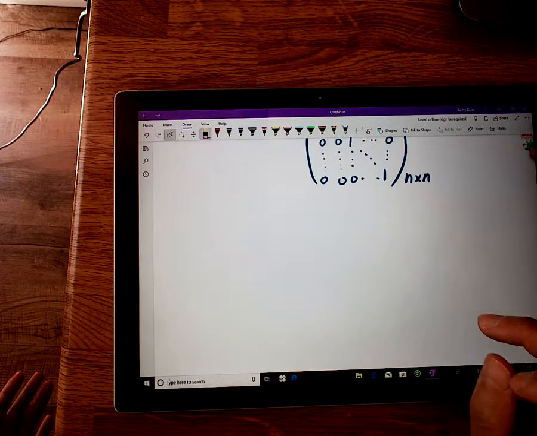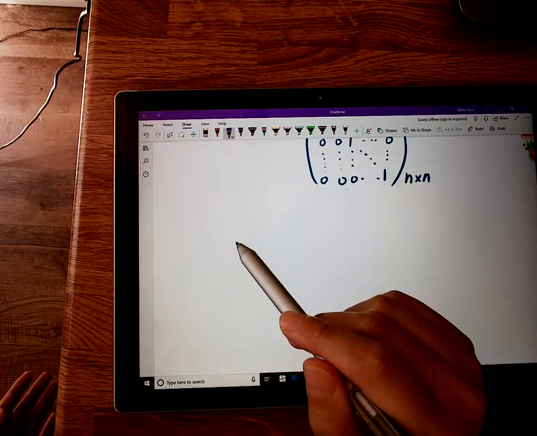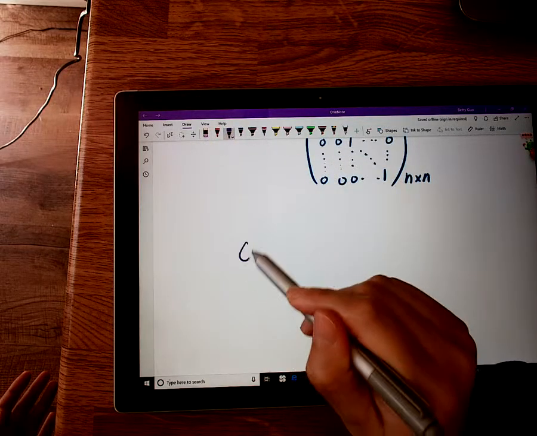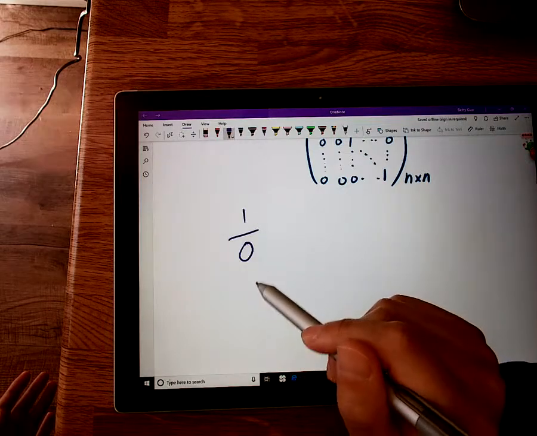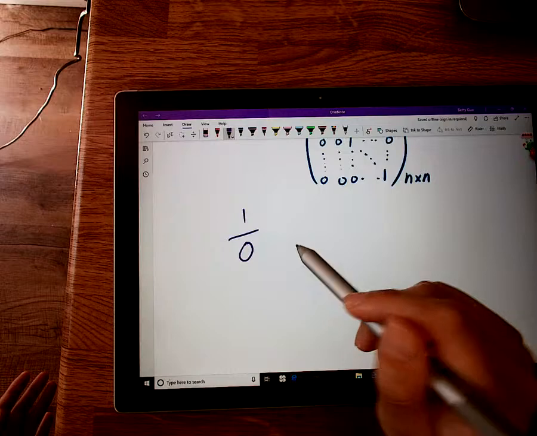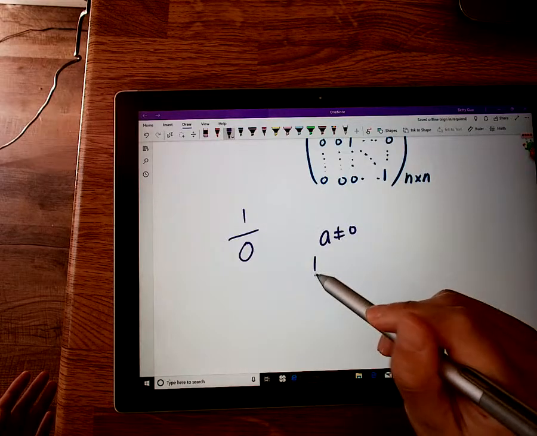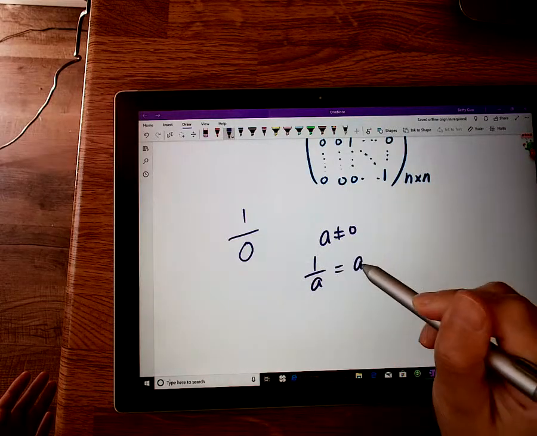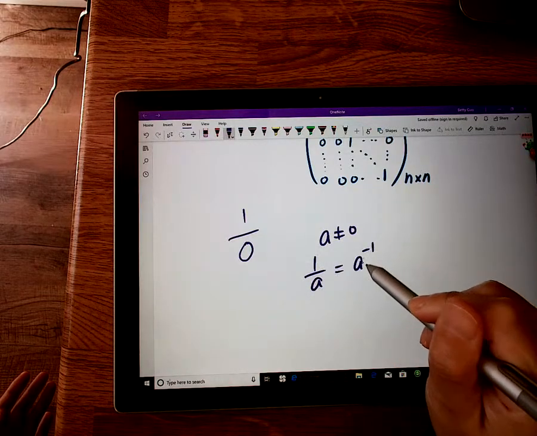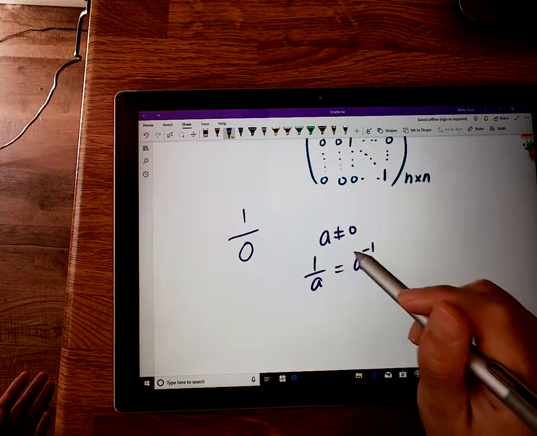Not every matrix is invertible. It's just like not every number is invertible. For example, 0 is not invertible because the reciprocal of 0 does not exist. But a non-zero number is invertible. The reciprocal of the number, also written as a to the power of -1, is the inverse of the number in a sense.